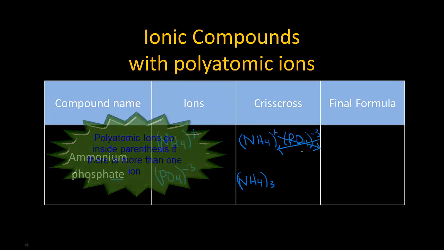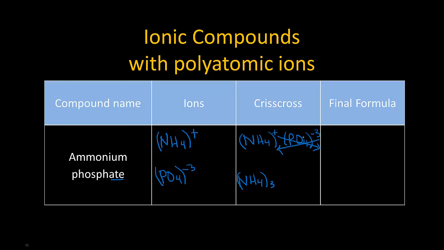Since there is only one, we do not have to put the parentheses around the PO4. It is okay if you do, but you won't see it like that on a test or anywhere else. If there's only one, you don't put the parentheses. So our final formula is (NH4)3PO4. This is a 3.